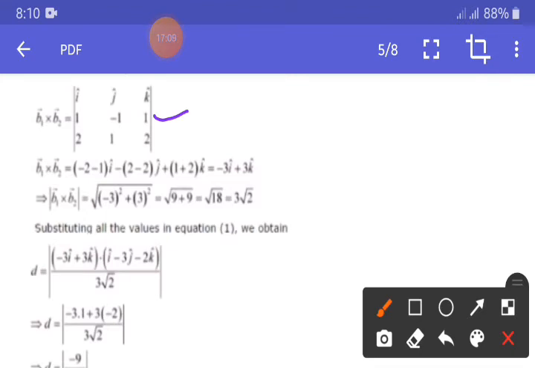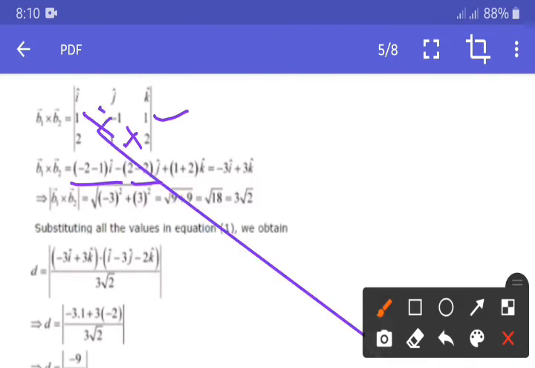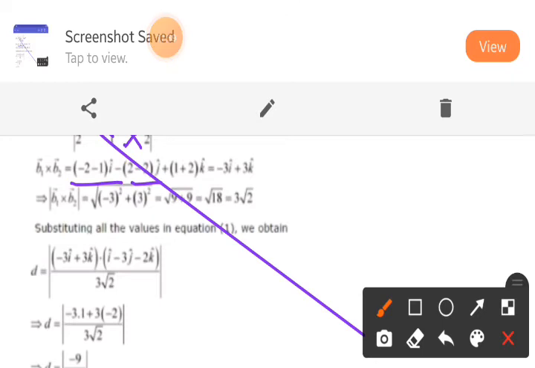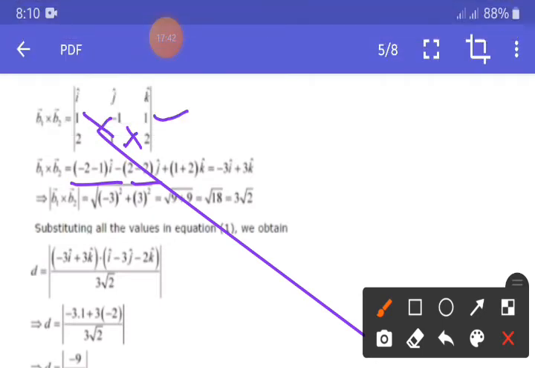Now simplify: i cap of minus 2 minus 1, minus j cap of 2 minus 2, plus k cap of 1 plus 2, is equal to minus 3i cap plus 3k cap.